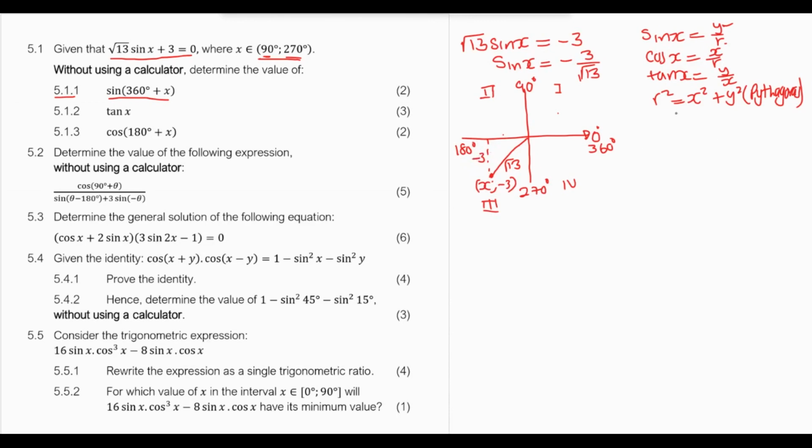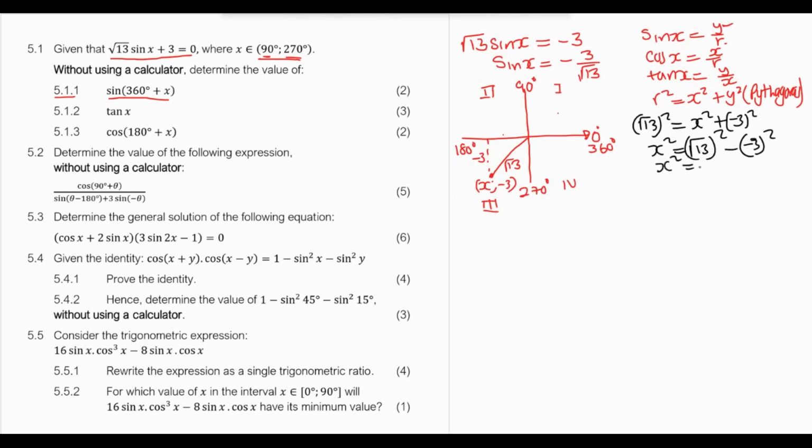For x, we have to use r squared is equal to x squared plus y squared. We have square root of 13 squared is equal to x squared plus (-3) squared. So x squared is equal to 13 minus 9, that's 4.